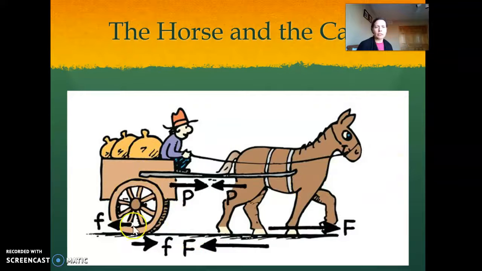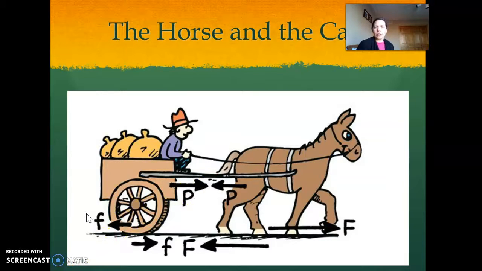If we look at the forces acting on the cart, the net force is to the right, so the cart is going to accelerate forward. So these action-reaction forces are equal and opposite, but they don't cancel because they act on two different objects. So when the horse pulls the cart and the cart pulls the horse, the forces are equal, the forces are opposite, they do not cancel, so the cart can still move forward.